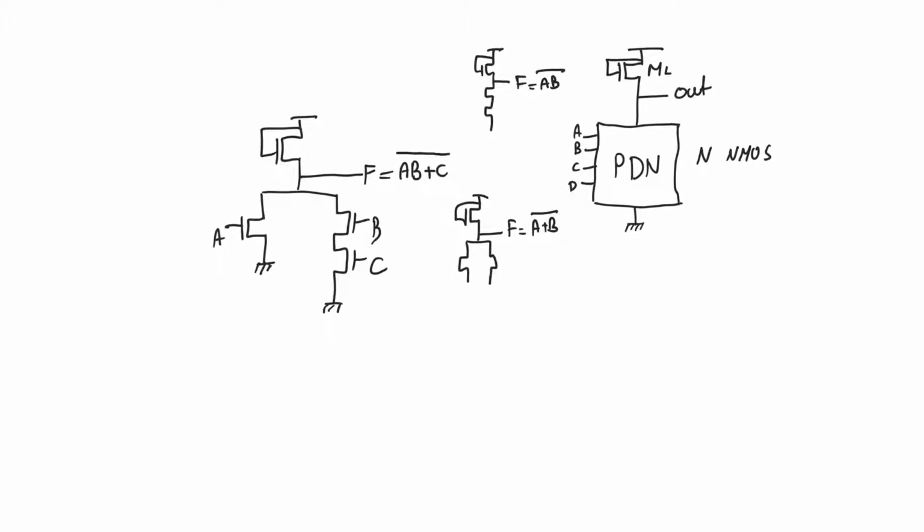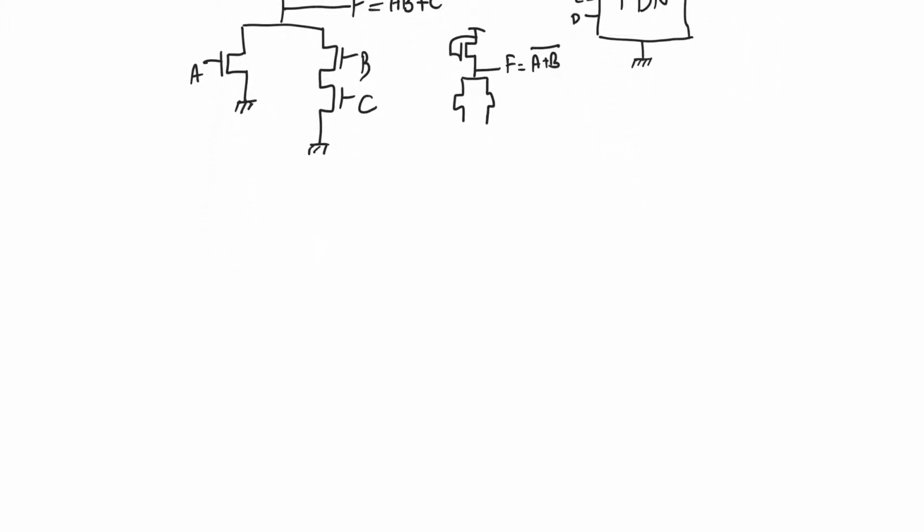So let's consider what we do when we have the opposite. That is to say, we are given a function, and let's make the function a little bit complicated. Let's make it a little bit nasty looking, and let's see what we can do to implement it. So now we are asked to implement this logic function in enhancement load.